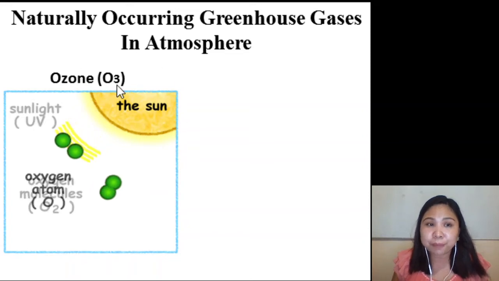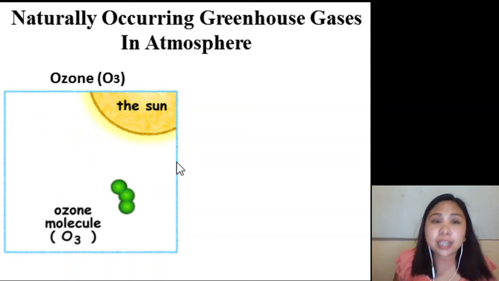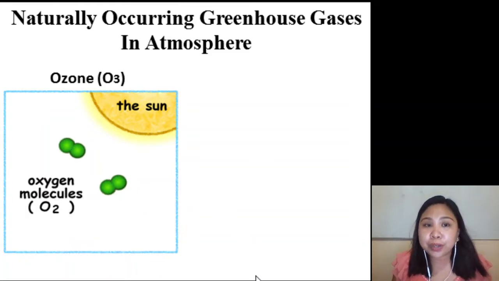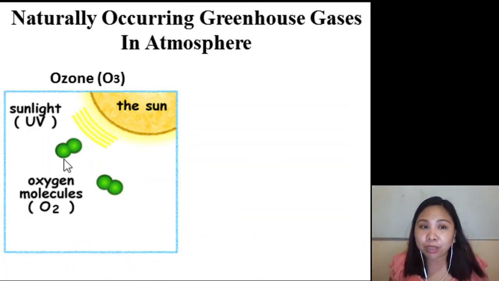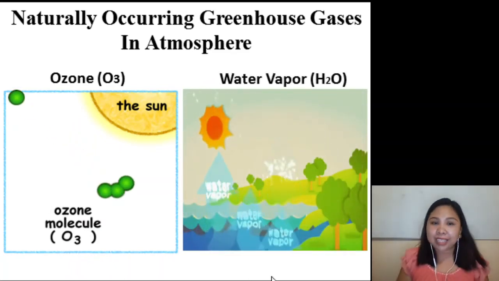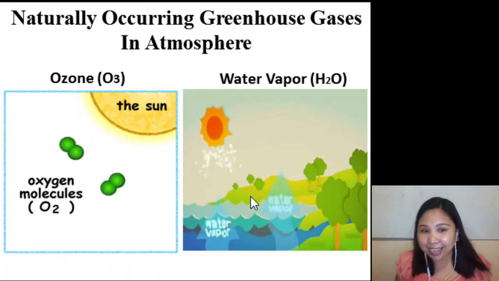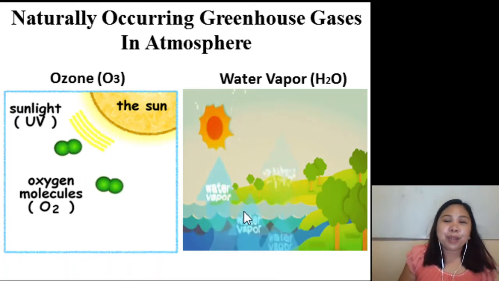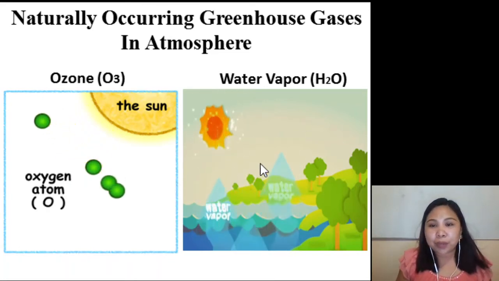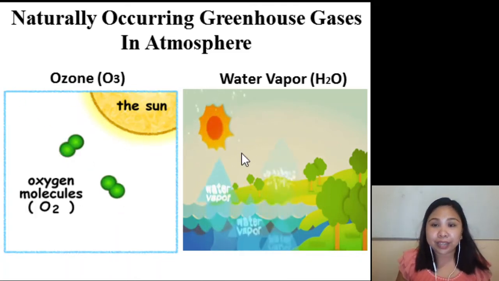Remember this, the good ozone. This is an example of a naturally occurring greenhouse gas, and we'll talk more about it in the lesson on ozone. Another naturally occurring greenhouse gas is water vapor. During the water cycle, there is a lot of water vapor in our atmosphere. Okay, so these are naturally occurring greenhouse gases.